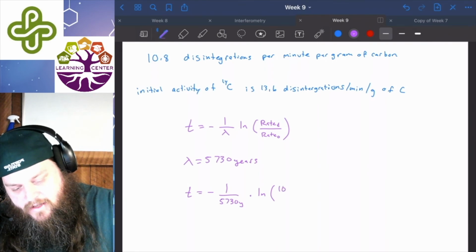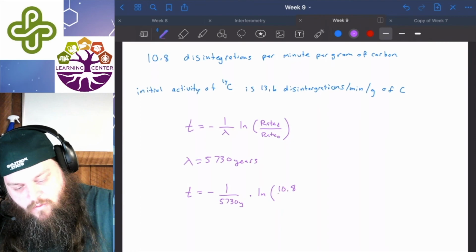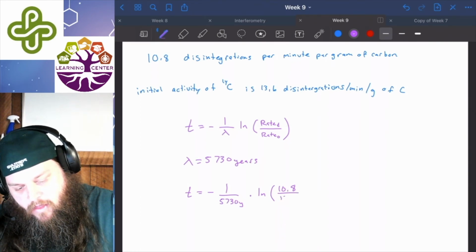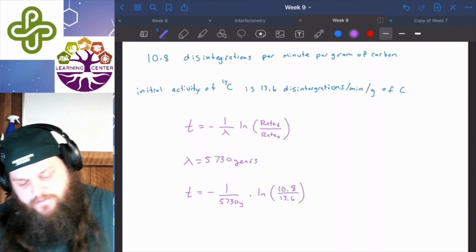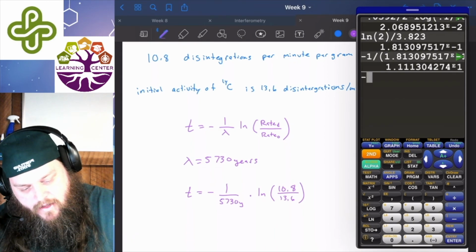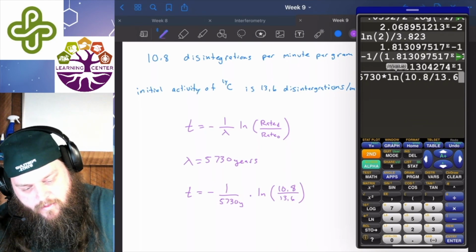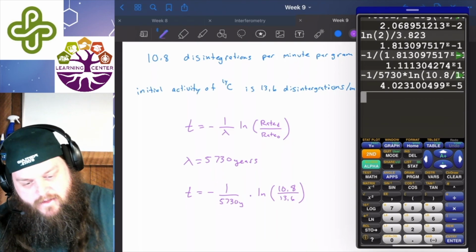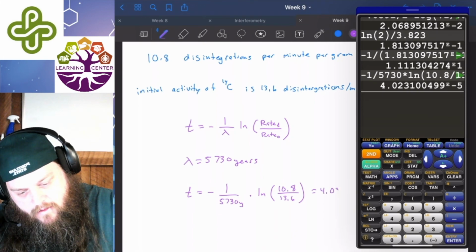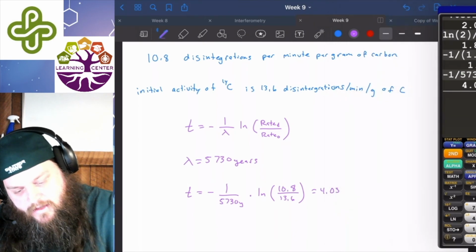So I can write it as 10.8, that's the rate that it's decaying now, or disintegrating now, divided by 13.6. We can plug that into our calculator. The negative 1 divided by 5730 times the natural log of 10.8 divided by 13.6 gives us 4.023 times 10 to the negative 5.